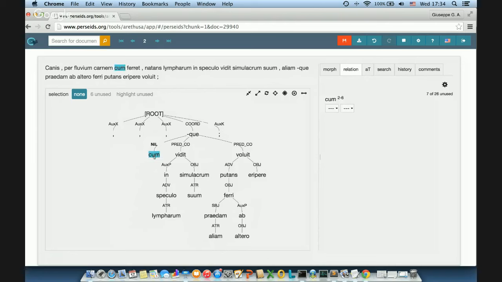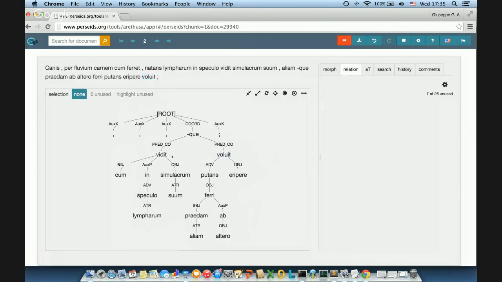This simply means that I take this entire clause to relate to both the conjuncts, to both vidit and voluit. But if I thought, for example, that this clause relates only to vidit, then I should put the subordinator on vidit, and then I could go on with my annotation this way.